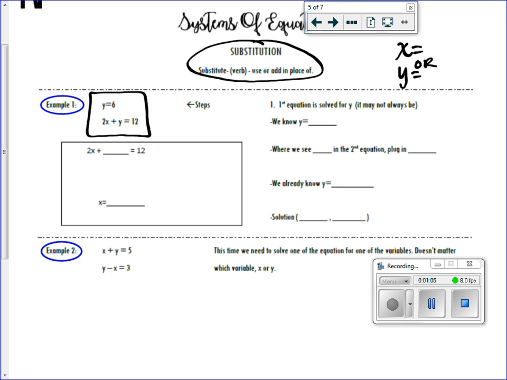But if you look, they already told us what our y value is. Y is 6. So since we know that y equals 6, we're going to use that in the second equation. We're going to take that number 6 and plug it in for y. So where we see y in that second equation, we're going to plug in the number 6.